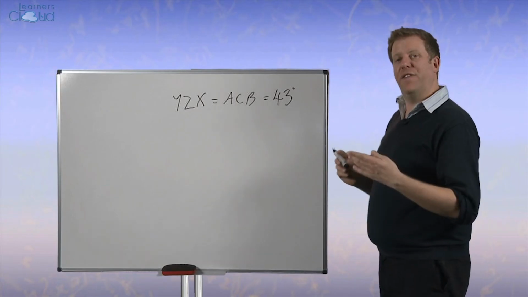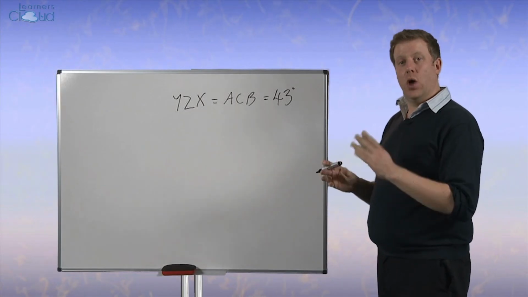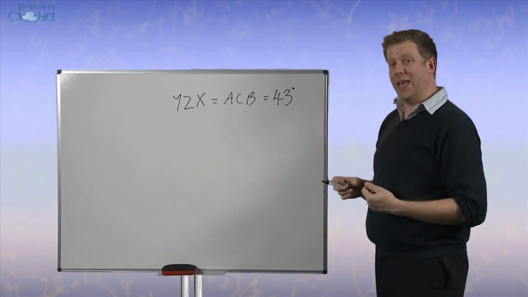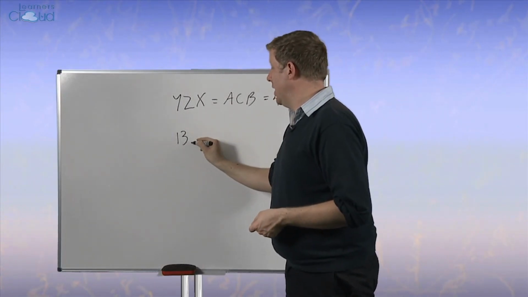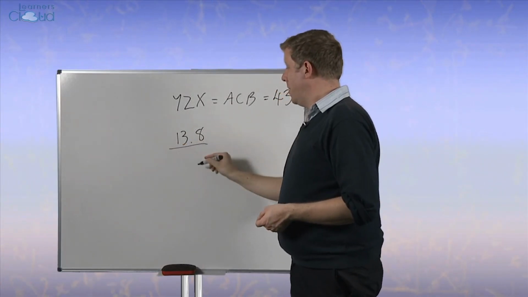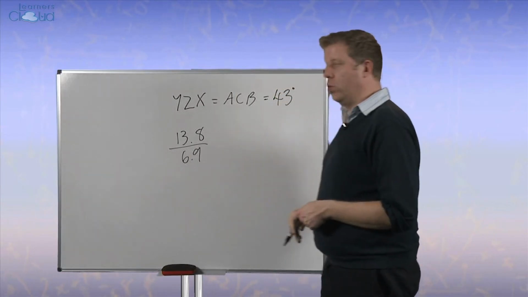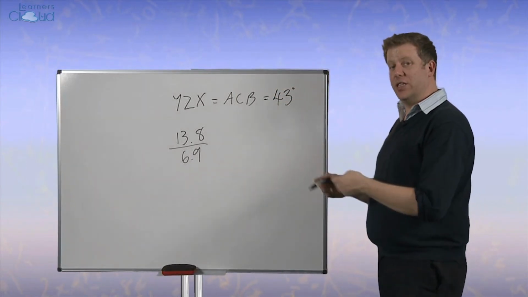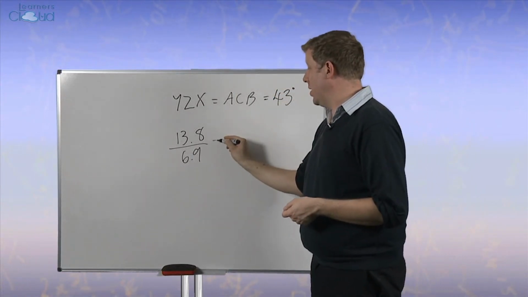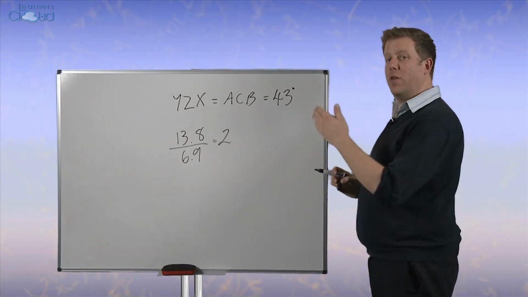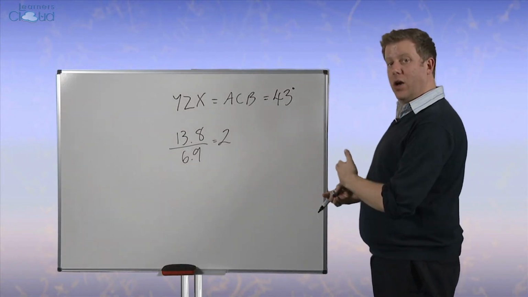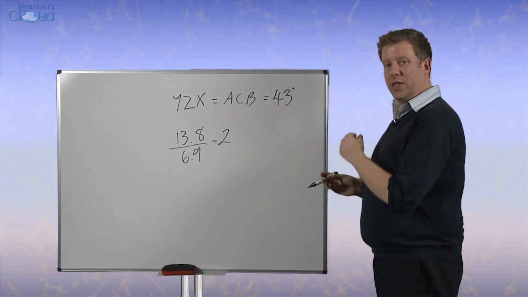Now it's quite easy in this example to see that the larger triangle is twice as big as the smaller one. If, however, you struggle to see what the scale factor of enlargement is, you can calculate it by simply dividing the larger side that you have by its corresponding shorter side. So in this case, 13.8 divided by 6.9 would give us 2. So I know if I'm going from my smaller shape to my larger shape, everything will get twice as big.